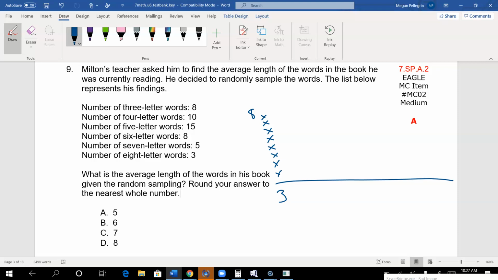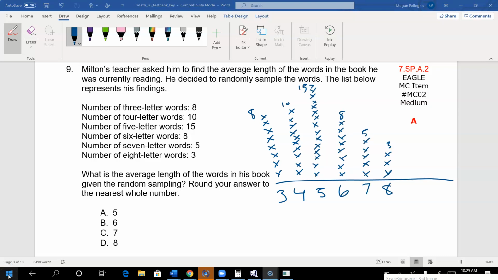For 4-letter words, there were 10. 1, 2, 3, 4, 5, 6, 7, 8, 9, 10. For 5-letter words, there was 15. I'm going to go ahead and write this down.